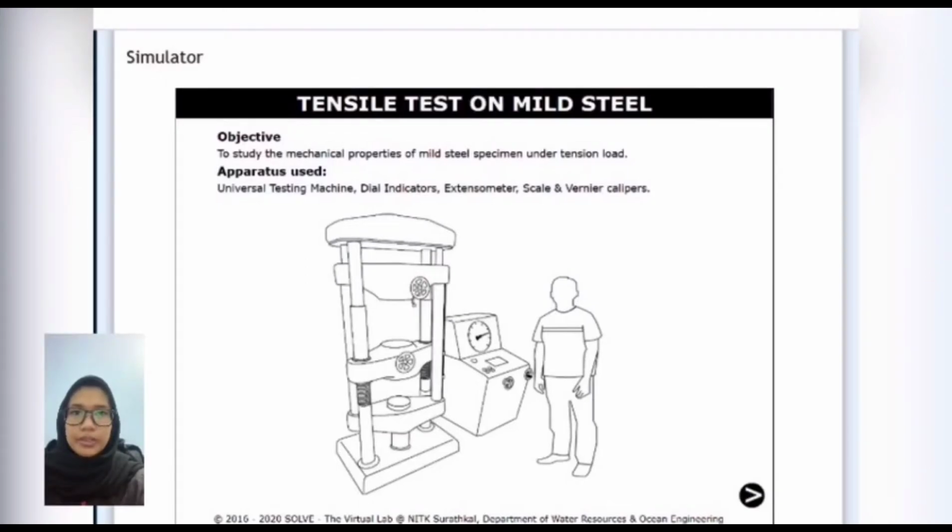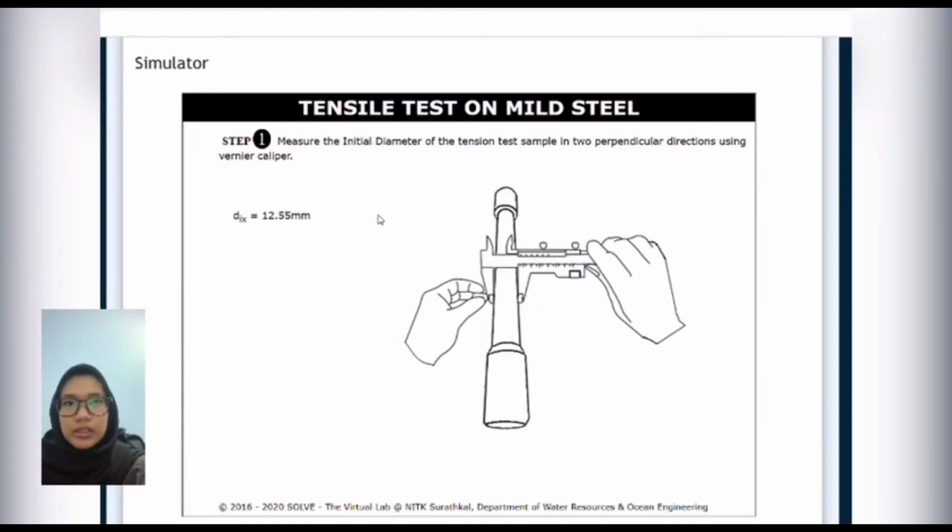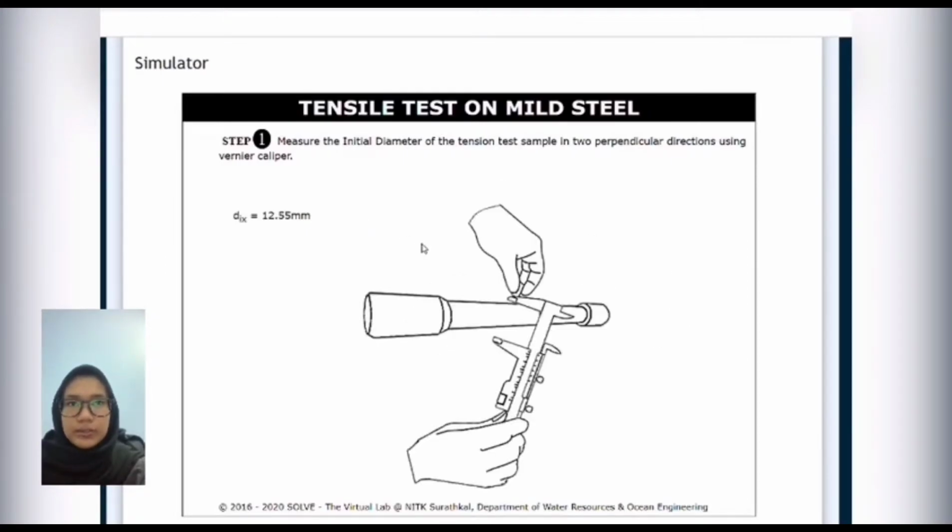Objective: to study the mechanical properties of mild steel specimen under tension load. Step 1. Measure the initial diameter of the tension test sample in two particular directions using vernier caliper.